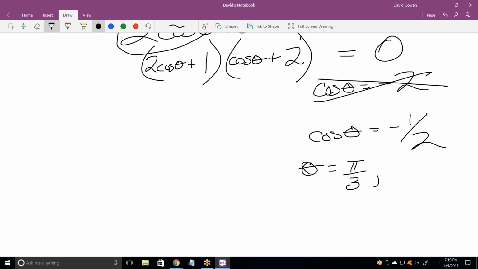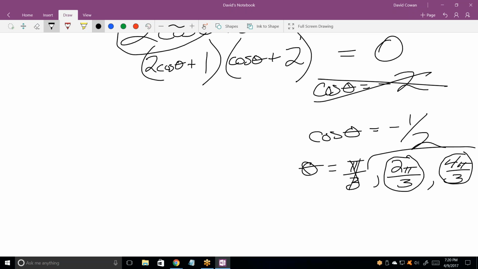However, that's not minus 1/2, but that's a good starting spot. What quadrants do we need to be in such that the cosine of theta would be negative? 2 and 3. What's the equivalent second quadrant and third quadrant angle of pi over 3? 2 pi over 3 and 4 pi over 3. That's our 2 answers.